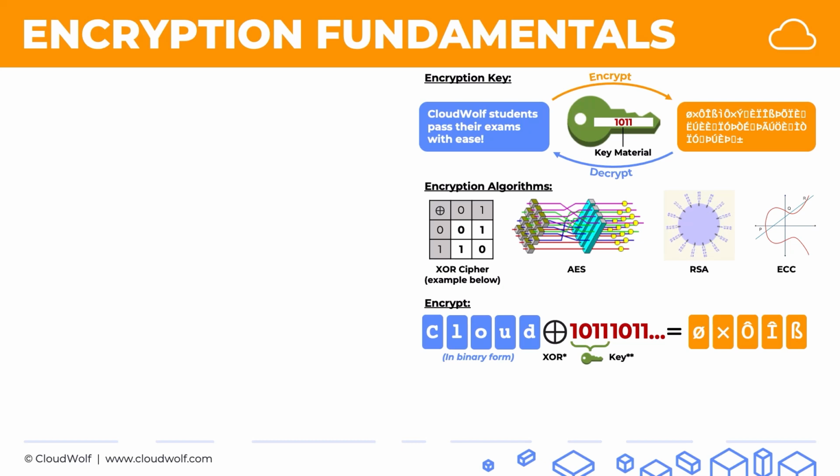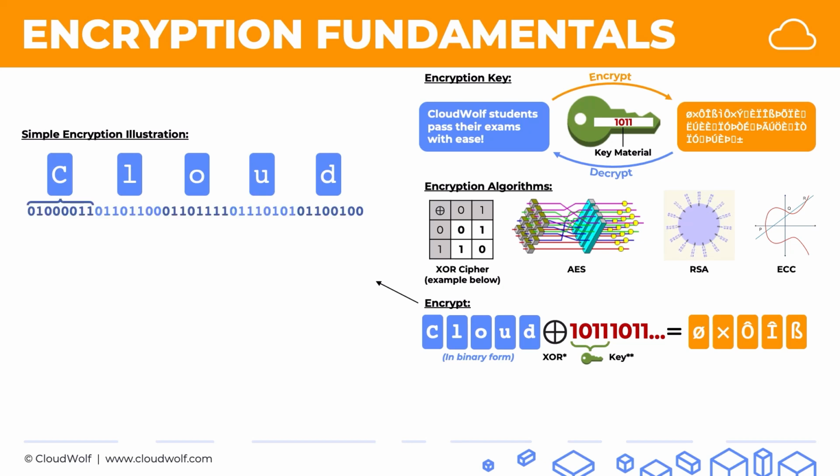And just so that we're all clear and all on the same page, we're going to look at this in a bit more detail. We're going to look at exactly how this is applied so that it's very clear in our minds going forward. So here's the word cloud. Here is its binary representation. Then we write out our key many times until it matches the input. And then we apply the XOR operation as per the table on the right.